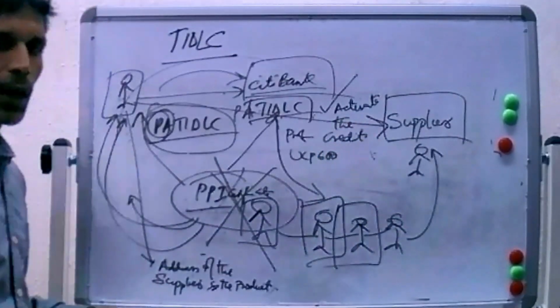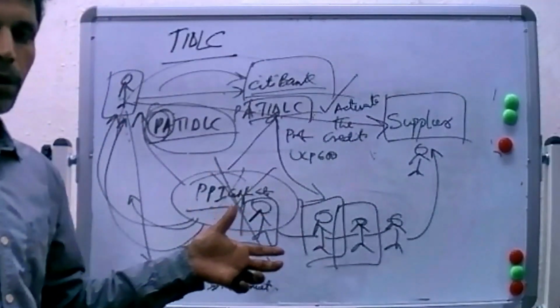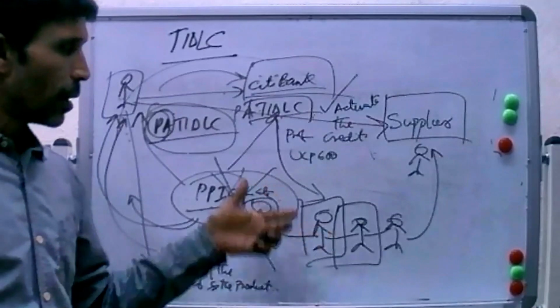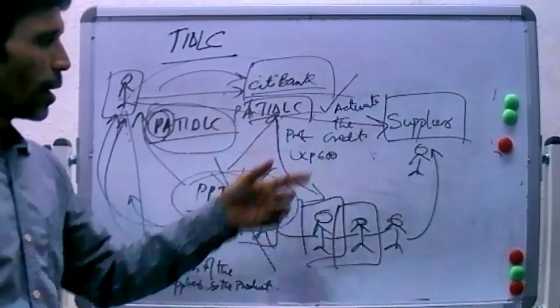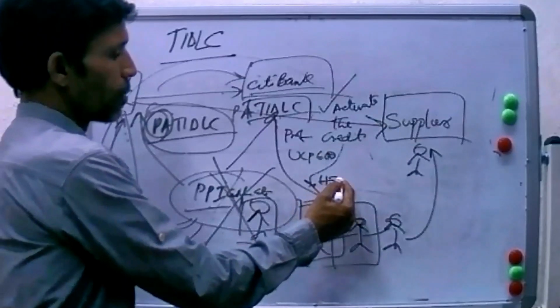I have spoken about this again, but I am going a little deeper to explain. Now the bank must activate the credit, and the credit will come to your bank, which was HSBC.